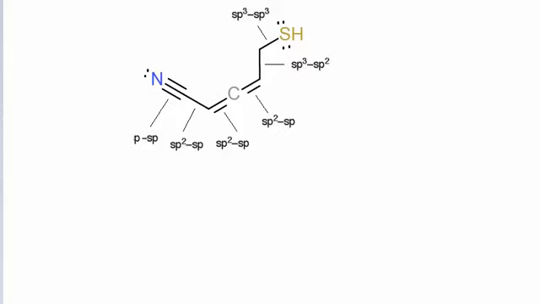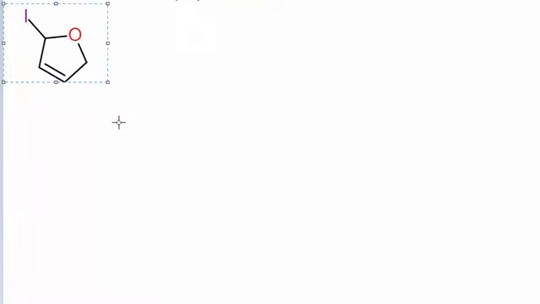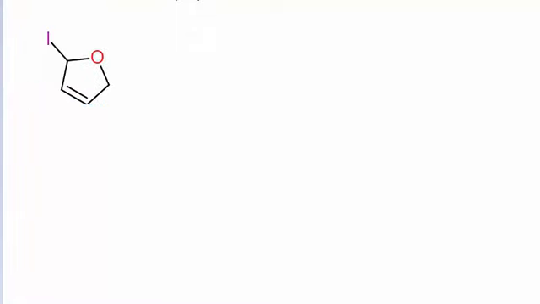So start with this molecule, and what I want you to do is identify the hybridization of each atom that you see here. You could ignore the hydrogens.